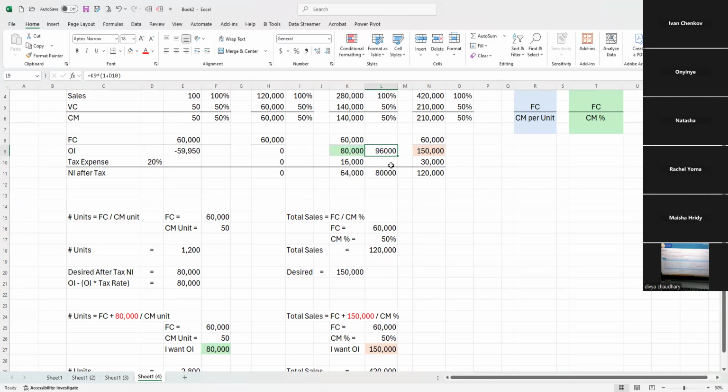So now we have 96,000, and if I deduct this one times 20%, this one minus this one should give me 80,000. It doesn't work that way. No. I need something else.